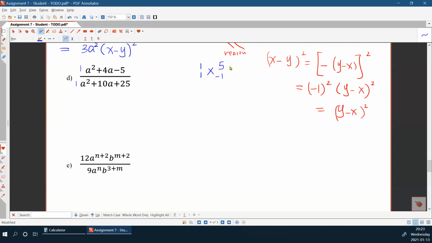Then 1 times 5 is 5, 1 times minus 1 is minus 1. The sum of these two numbers is 4. So 4 is equal to this one. So the numerator can be factored to (a plus 5) times (a minus 1), right?